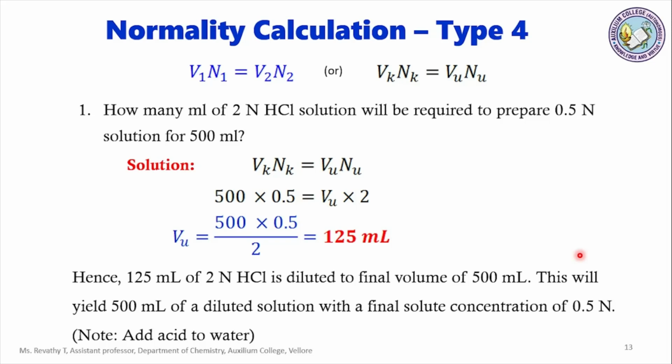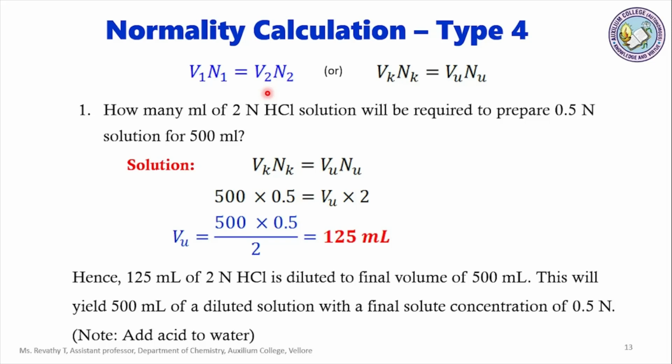This slide is about type 4 problems. Again, here both solute and solvent are in liquid phase, and instead of weight, the normality of solute is given to find the normality of the solution we are going to prepare. We should use the formula V1N1 is equal to V2N2. I hope you would have seen this formula before. This is generally called the normality formula or law of equivalence formula.